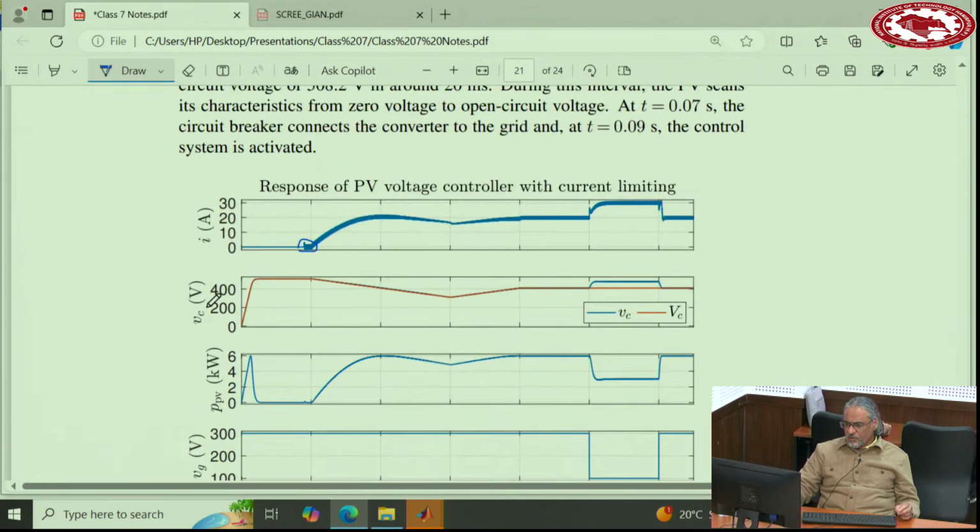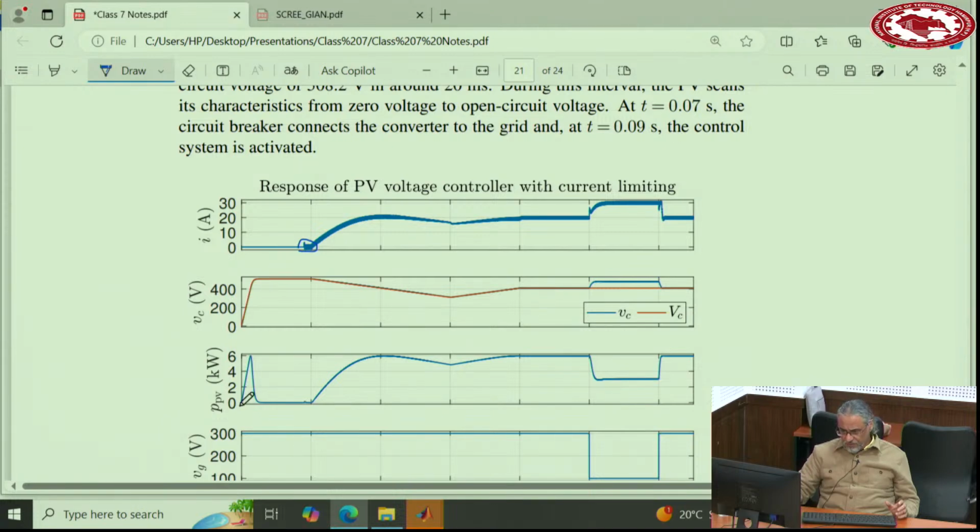So if you look at the capacitor voltage, once you connect the PV to the capacitor, initially at time 0, that connection is done. So the PV charges the capacitor. Its voltage goes up all the way to the maximum of 500 or something. That's the open circuit voltage because it's not operating. So the capacitor charges to the open circuit voltage, which is close to 500 volts, I believe.